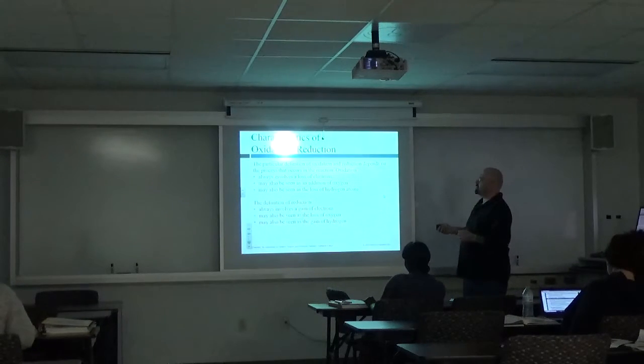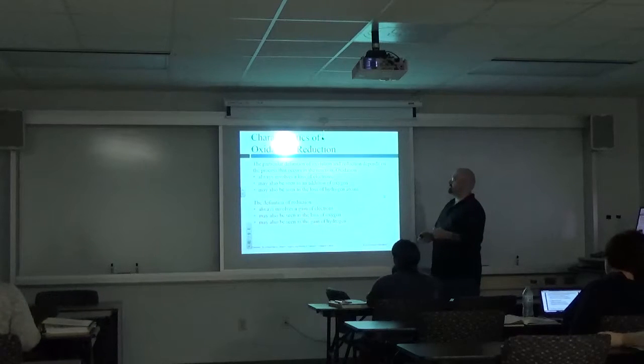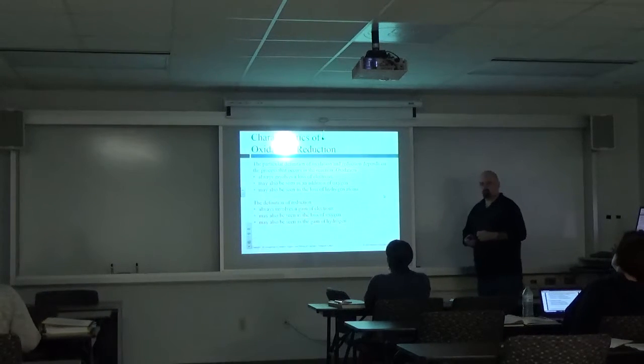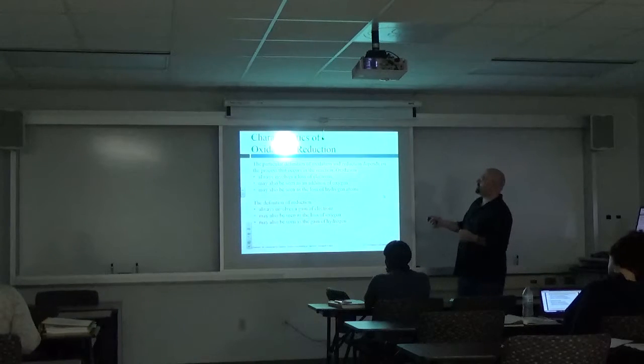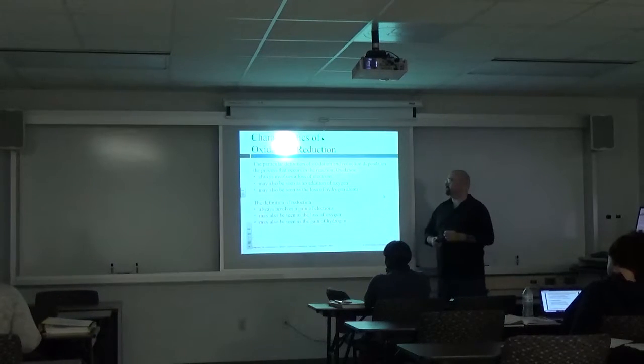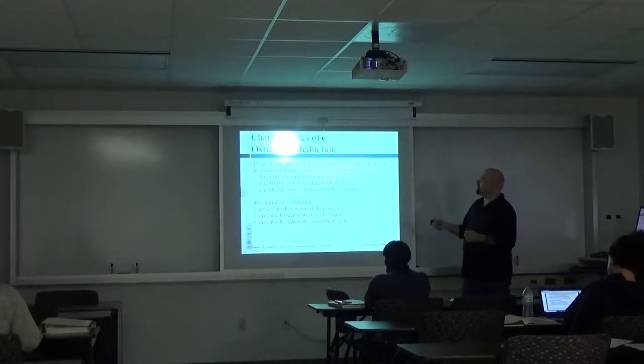Oxidation is always going to involve the loss of electrons. It is sometimes seen as the addition of oxygen, which is why we call it oxidation. That is because oxygen is the one receiving the electrons.